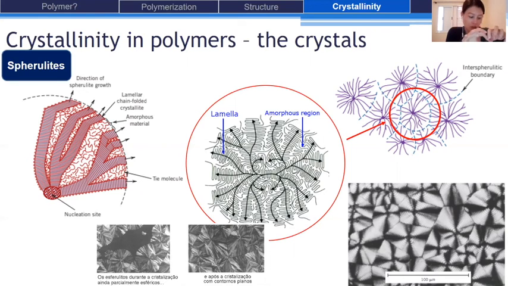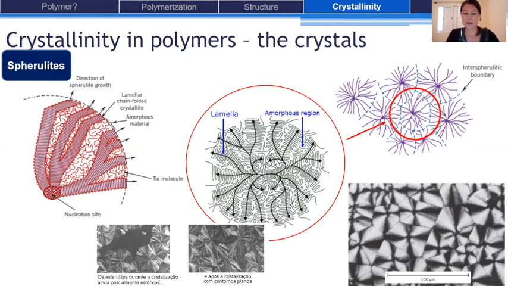When they begin to touch and to meet each other, it hinders their growing. And we have the formation of an interspherulitic boundary. So it is kind of similar to what we saw in metals and ceramics when we described the growing of grains and the grain boundaries.